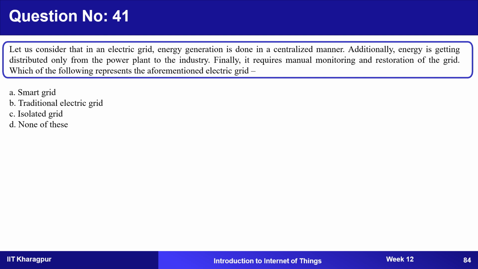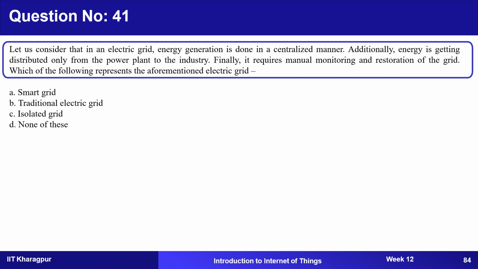Next one is, let us consider that in an electric grid, energy generation is done in a centralized manner. Additionally, energy is getting distributed only from the power plant to industry. Finally, it requires manual monitoring and restoration of the grid. Which of the following represents the aforementioned electric grid? Smart grid, traditional electric grid, isolated grid, none of these?